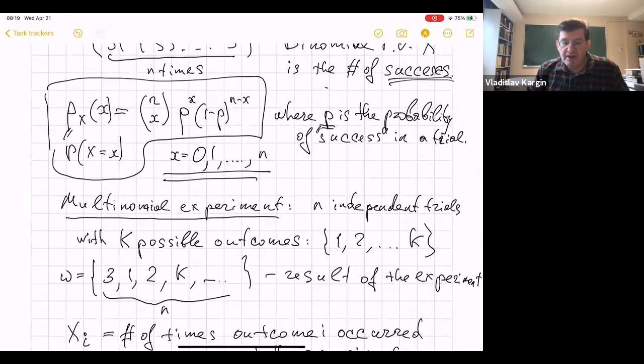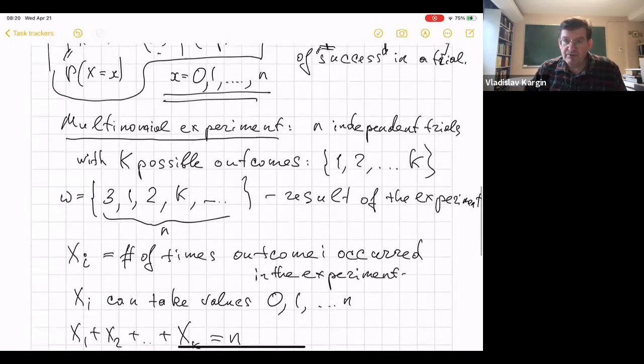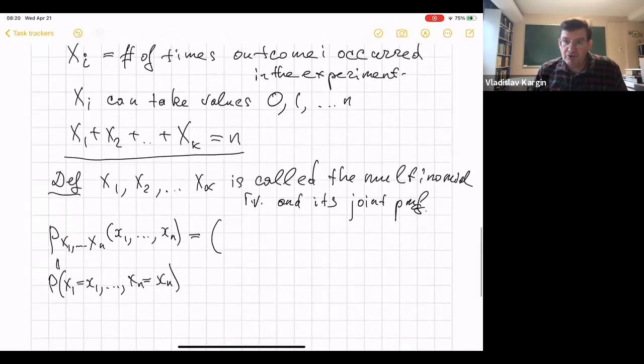You will see that it's the binomial coefficient multiplied by p to the power of x, times 1 minus p to the power of n minus x, where p was the probability of success and 1 minus p is the probability of failure. x here is the number of successes, and n minus x is the number of failures. So we generalize this formula and write that this is not a binomial coefficient but a multinomial one: x1, x2, up to xk.